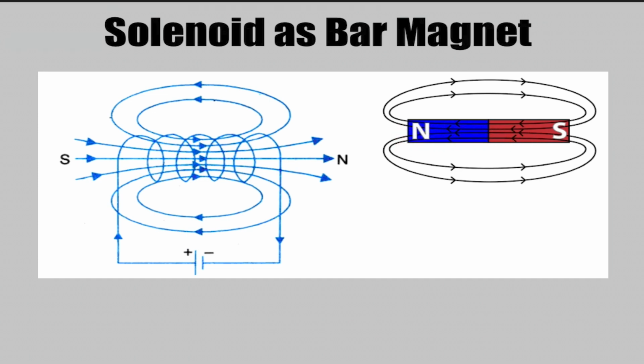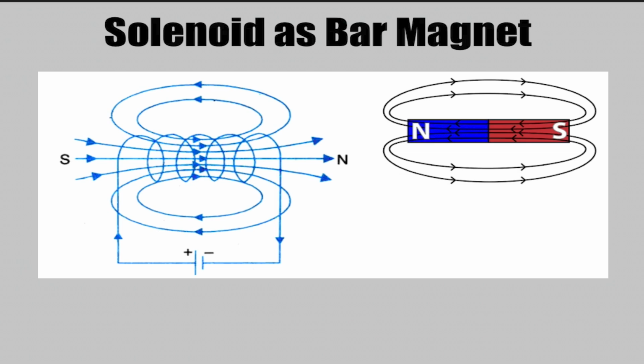So these are the points which support our answer to prove the similarities between a solenoid and a bar magnet, which helps us to prove that even a solenoid behaves as a bar magnet.